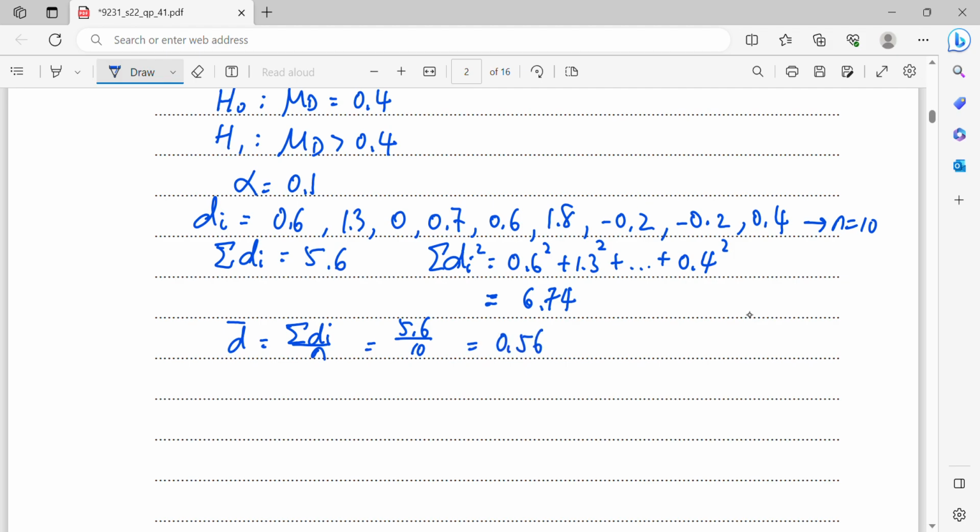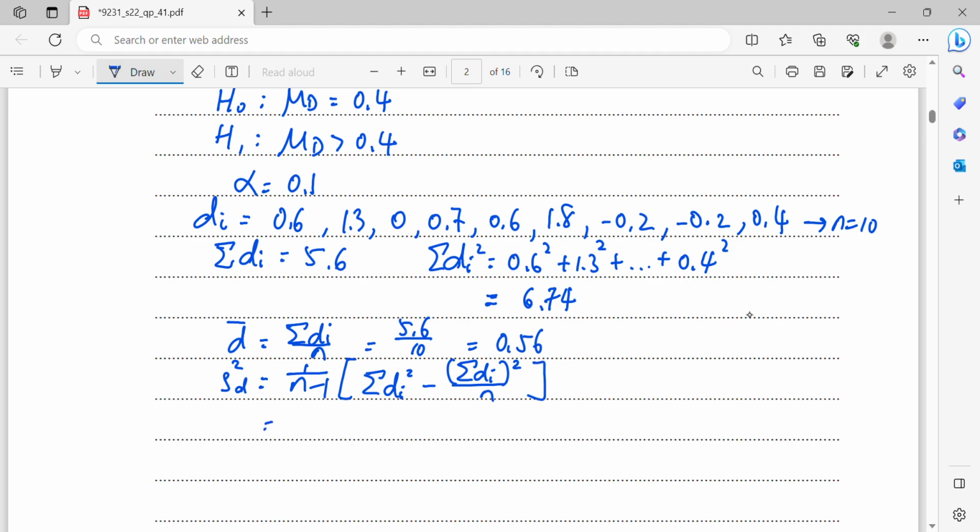And then now we need to get SD squared. So SD squared formula is 1 over n minus 1 multiplied by summation di squared, then minus summation di, then you square it over n.